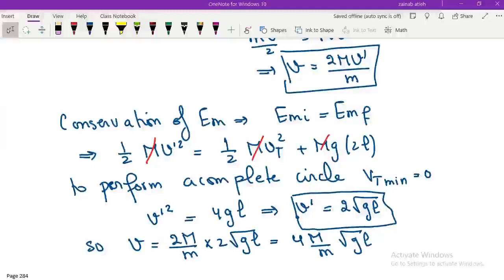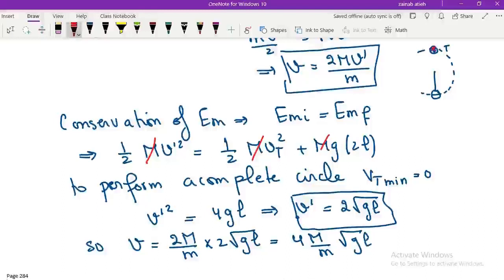I will remind you, when I have a string with a pendulum and I'm searching for the speed at the highest point T, this is the highest point.